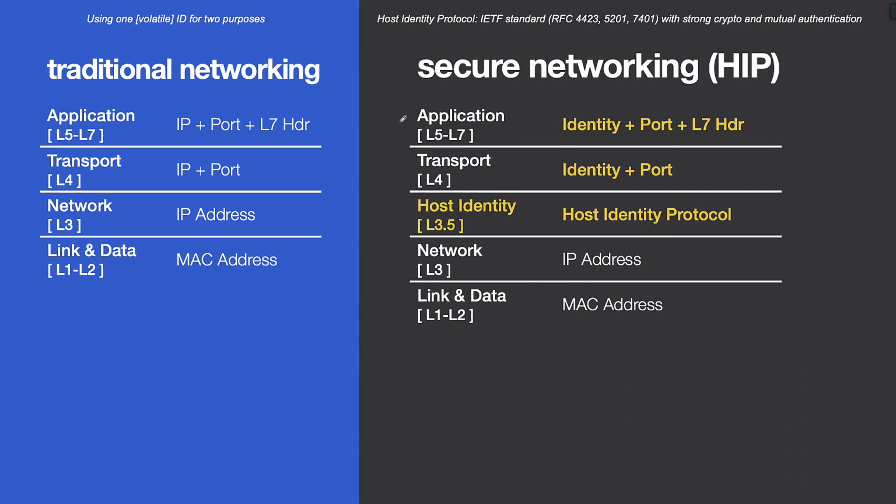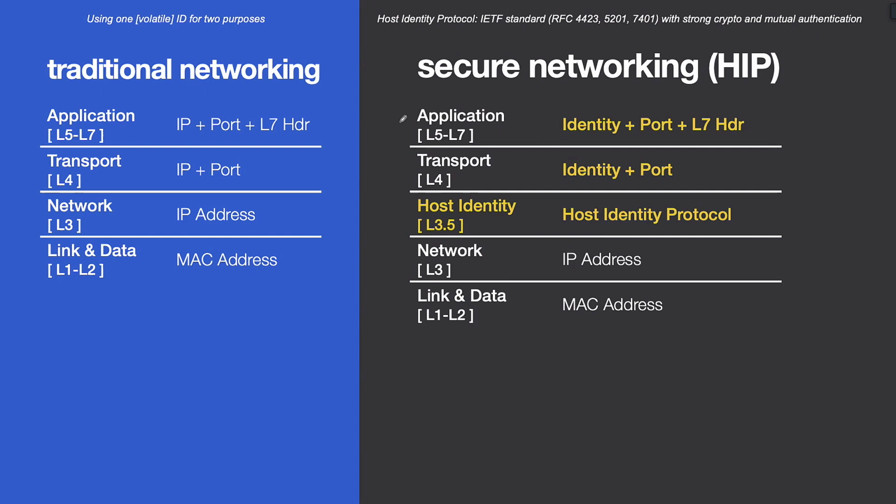So the people behind HIP thought they could fix this situation. The idea they had was nothing short of: we're basically going to change the network stack. We're going to come along with this protocol, and we're going to have this layer in between the network and the transport layer.